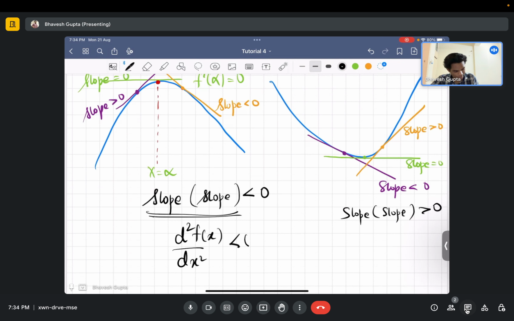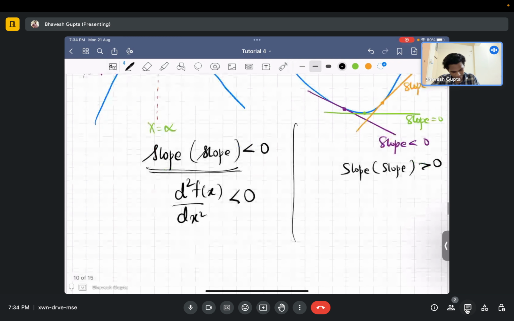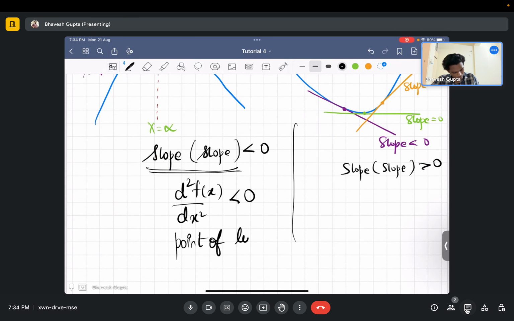If that turns out to be negative, we say it's a point of local maximum. We can't say it's a point of global maximum.